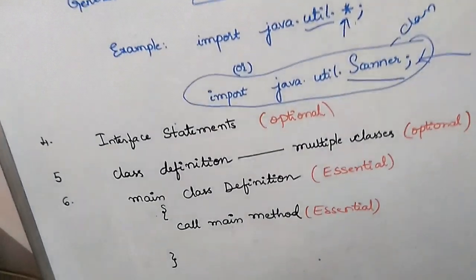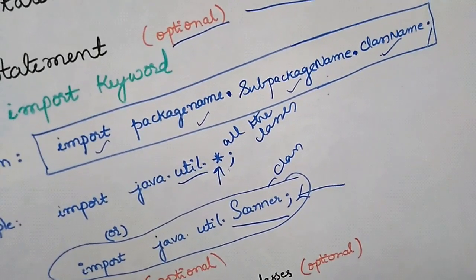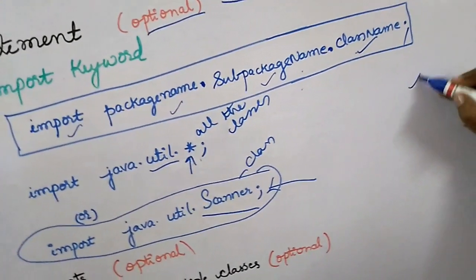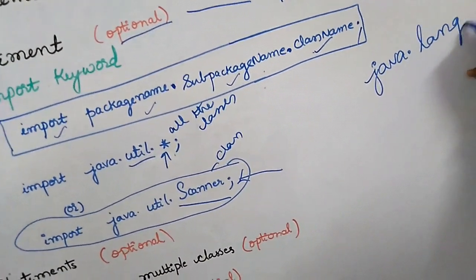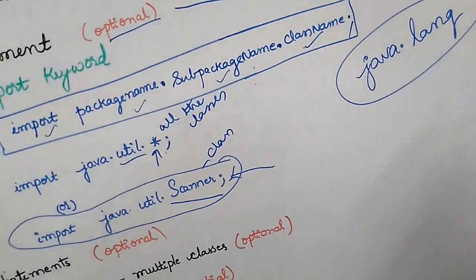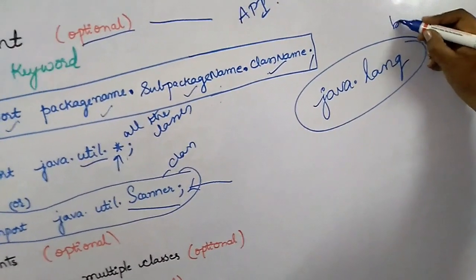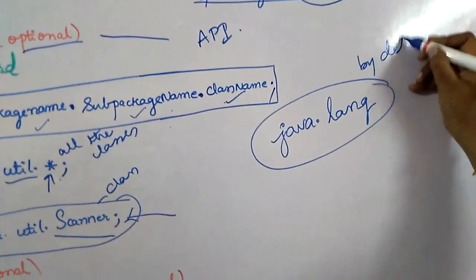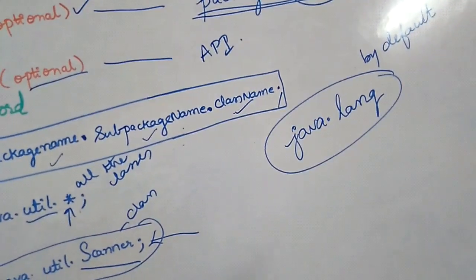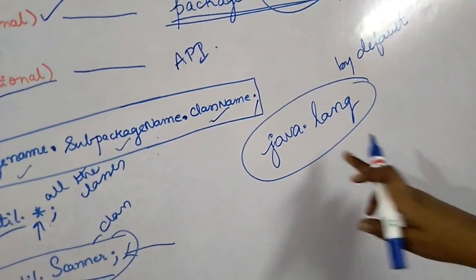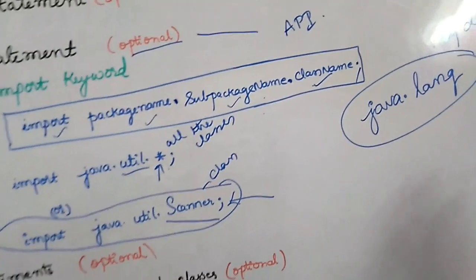I would like to throw light on one very important point in this import section: there is one package called java.lang. This java.lang package is by default included in every Java program. You needn't specifically write import java.lang.star, because it is by default included in all Java programs.